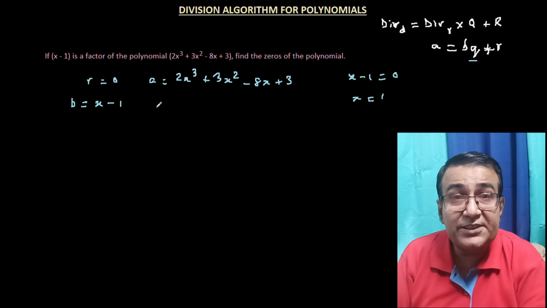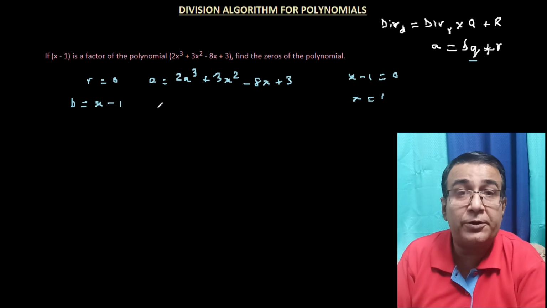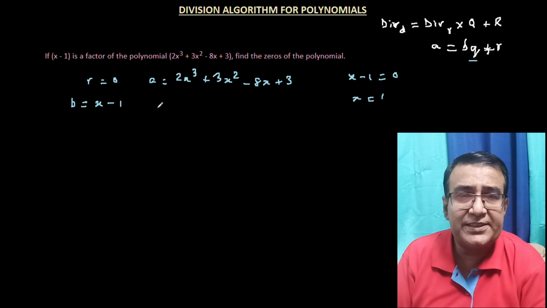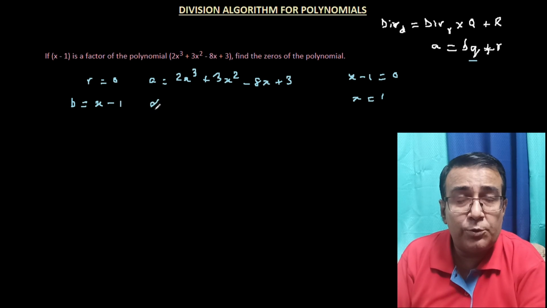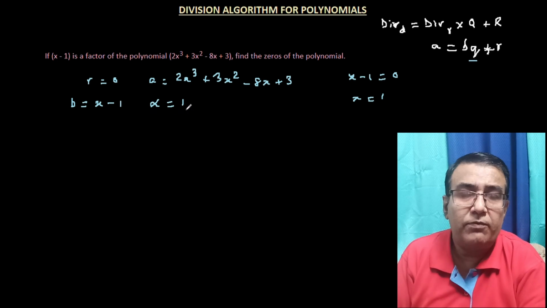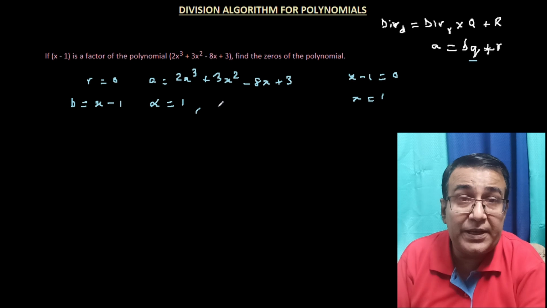So if x minus 1 is equal to 0, we can take 1 to the other side and we get x is equal to 1, which clearly tells us that one of the zeros of the polynomial is 1. And since it's a cubic polynomial, and I told you it will have 3 zeros, we can say alpha, the first root, will be equal to 1. We have to find what the value of beta is and what the value of gamma is.